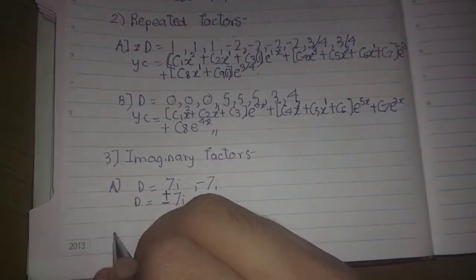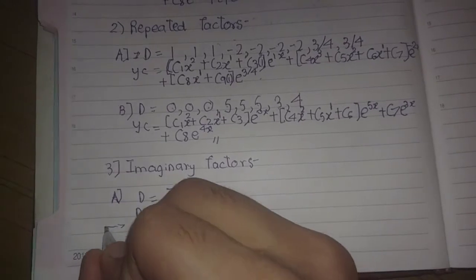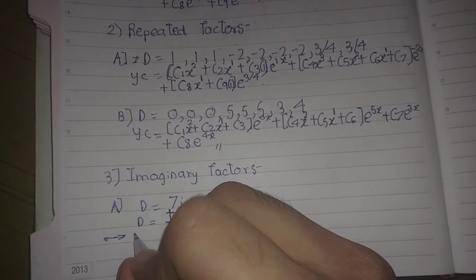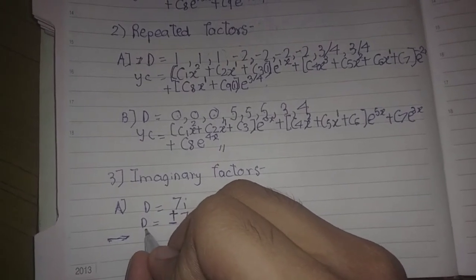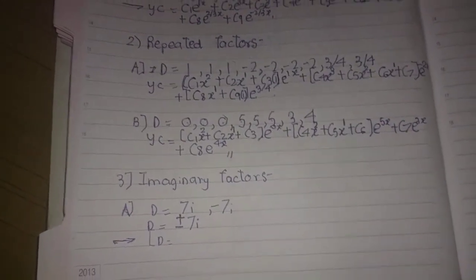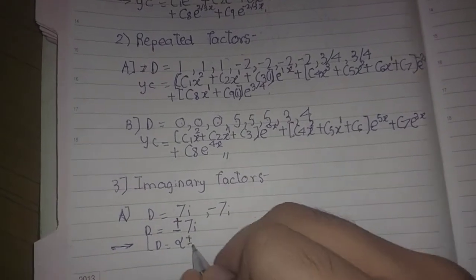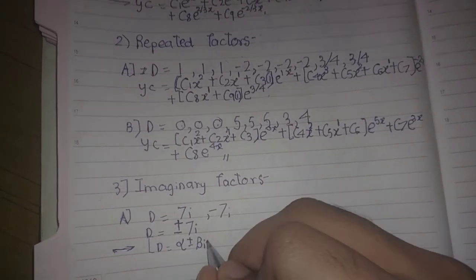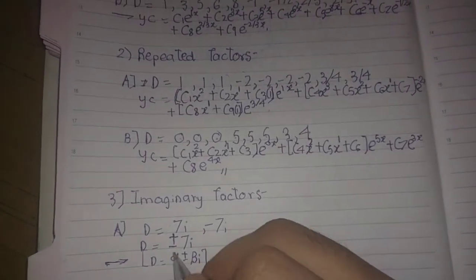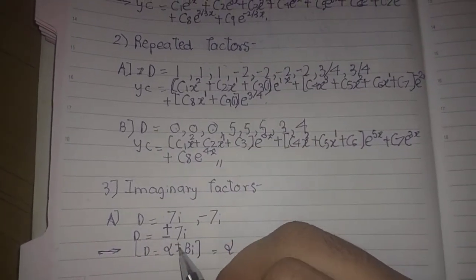Now we are going to compare the following with the imaginary term which is d is equal to alpha plus minus beta i. By comparing we will get alpha. We should understand what the beta term is here.